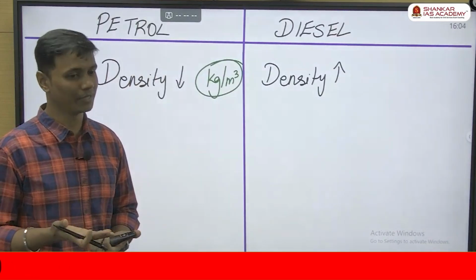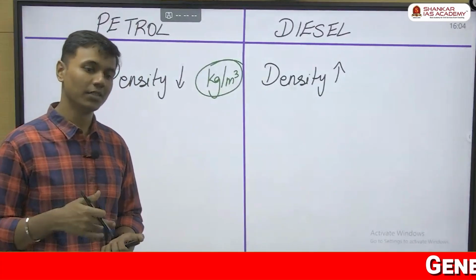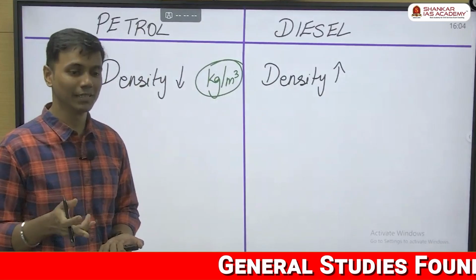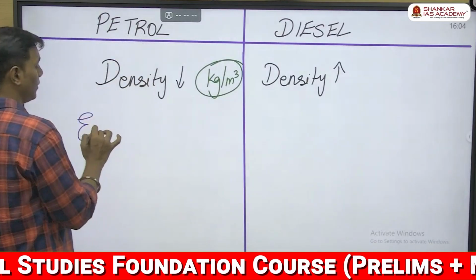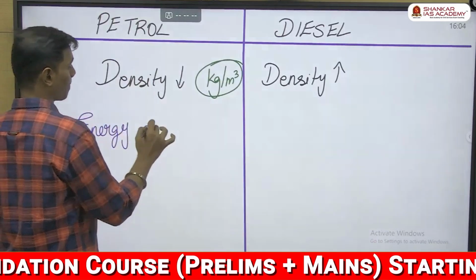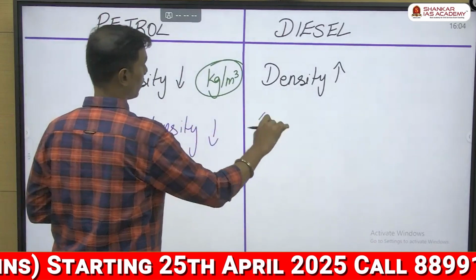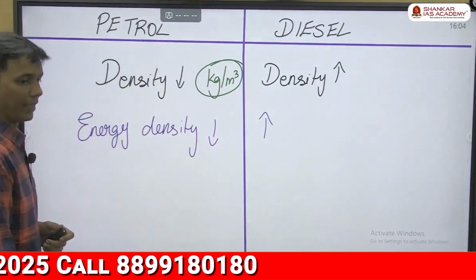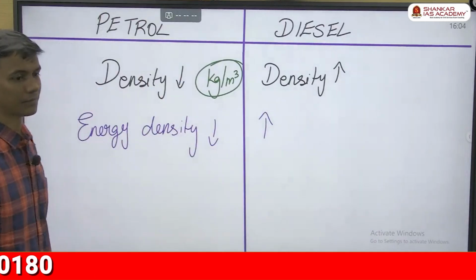How you can easily remember this is, cars are running mostly on petrol, but trains, trucks, lorries, buses are running on petrol or diesel? Diesel, because they need more energy. You can write: energy density is lesser for petrol and higher for diesel.